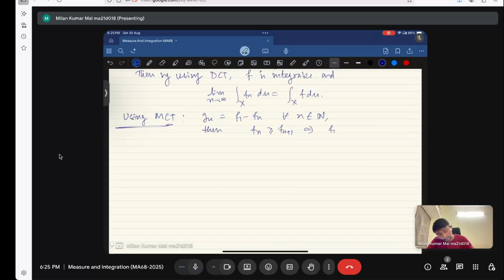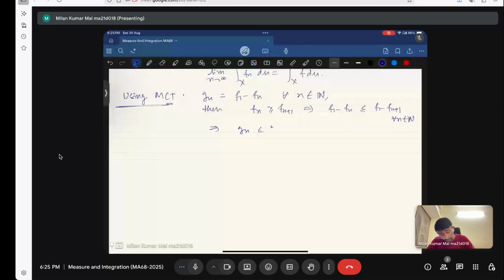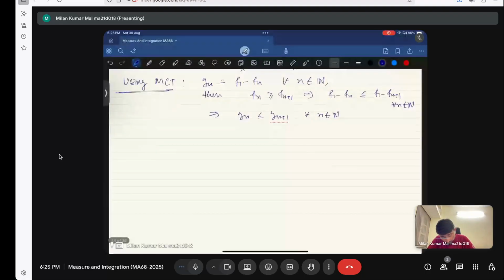That implies f1 minus fn is less than or equal to f1 minus f of n plus 1 for all n belonging to the natural numbers. So this gives that Gn is less than or equal to G of n plus 1 for all n. Also Gn is non-negative because f1 is always greater than or equal to fn.